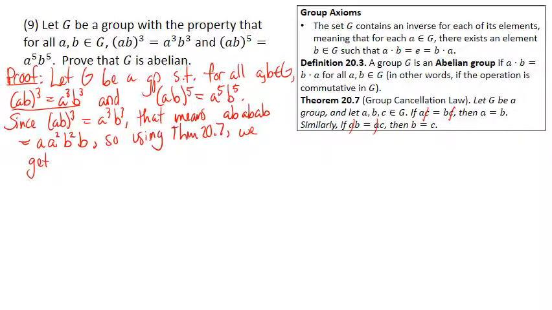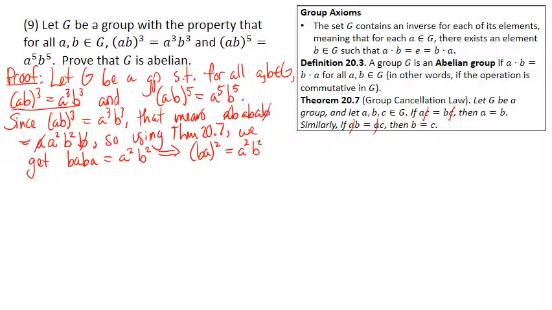I'm going to cancel an a on the left on both sides, and I'm going to cancel a b on the right on both sides, like that. So we get that ba equals a squared b squared. So another way to say that would be to say (ba) squared equals a squared b squared.